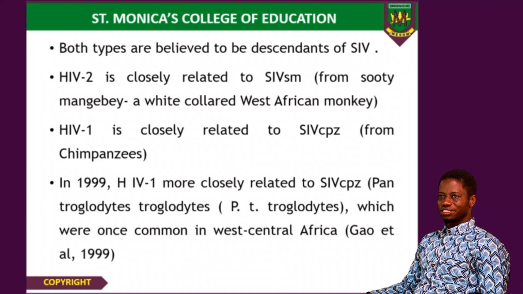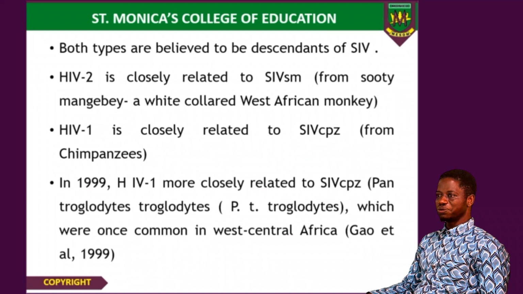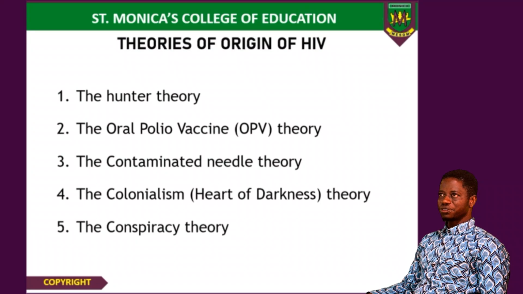So in 1999, an HIV type 1 more closely related to what we call troglodytes was found, which were once common in West Central Africa, around Congo, Cameroon, thereabouts. So HIV type 1 can be traced to chimpanzees, while HIV type 2 can be traced to monkeys.